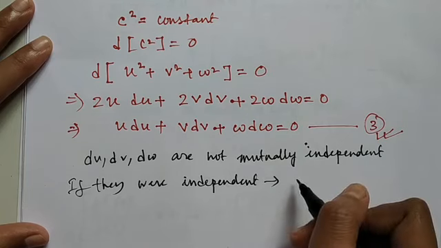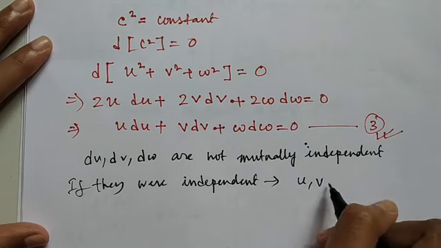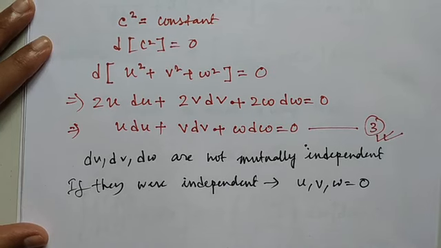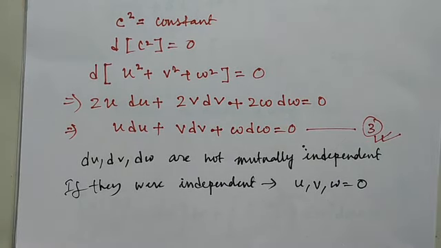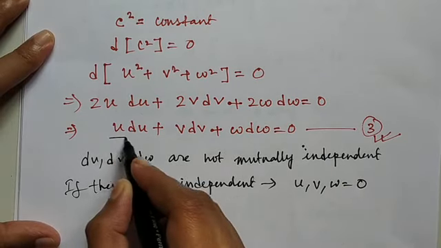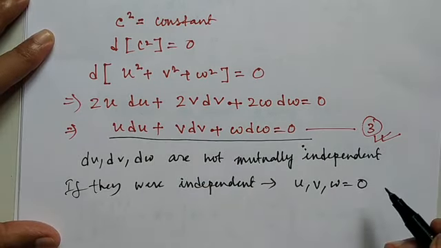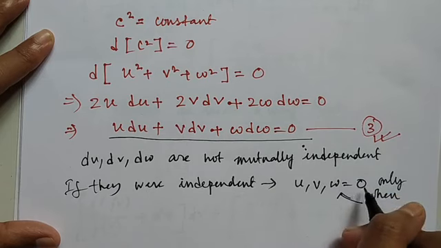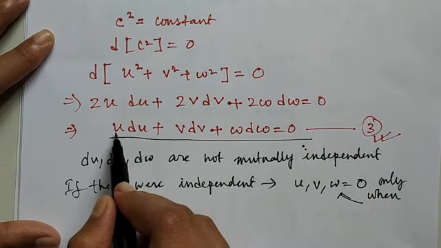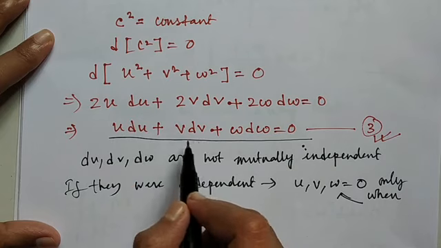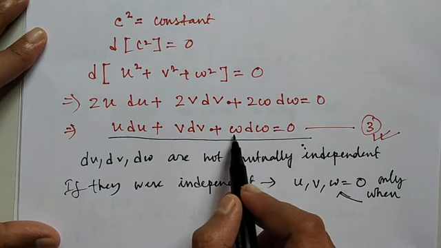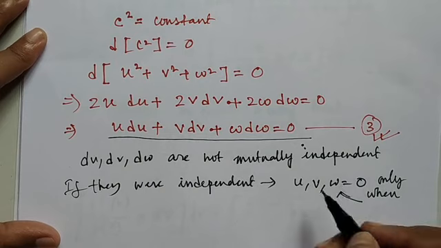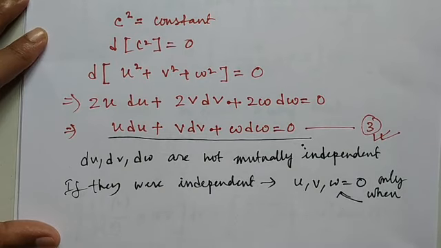That is, u, v, w equal to 0: the coefficient of du, that is u, of dv, that is v, and of dw, that is w, are separately 0. u equals 0, v equals 0, w equals 0.